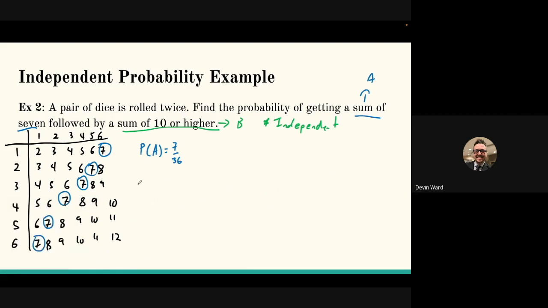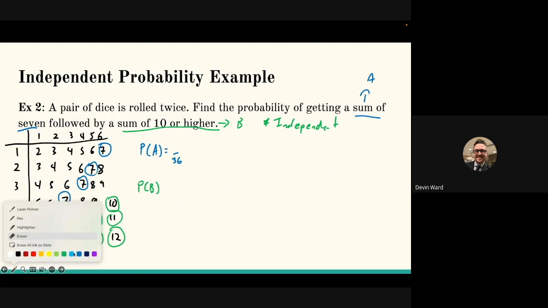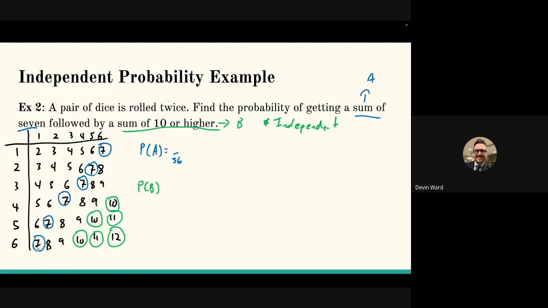Okay. Probability of B. We are looking for a sum of 10 or higher. So we're looking for 10, 11 and 12, which are all 10 or higher. So we have, oops, sorry, I was looking at the sevens, but there's 6 different ways of rolling a 7.